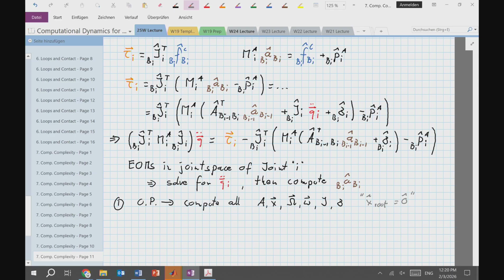At every joint, you have to compute the relative motion across the joint, which is at maximum a 6 by 6 operation. Doesn't scale with NQ. If you do this for all bodies, of course, you have to do this once per joint. And once per joint means that the overall complexity of this first outward pass is order n. It's the same first outward pass that we had in the recursive Newton-Euler algorithm.